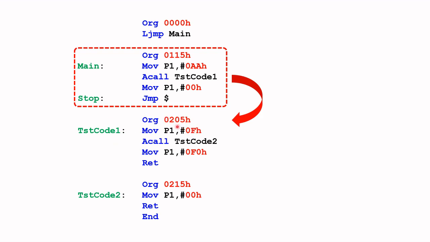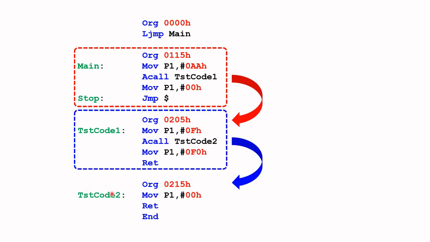Place this value onto P1, port 1, and then call this subroutine TST code 2, which is this one here, which is this subroutine here, and this subroutine starts at 0215 hexa.